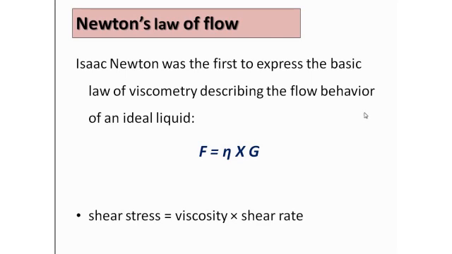So the shear stress is equal to viscosity into shear rate. I repeat, the shear stress, that is the force, is equal to the viscosity of the fluid into the shear rate. Clear?